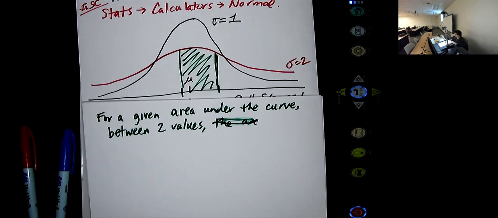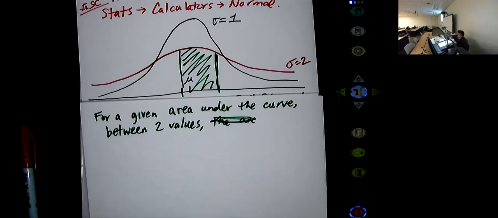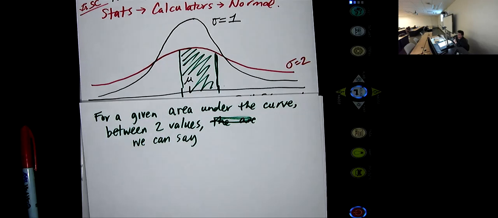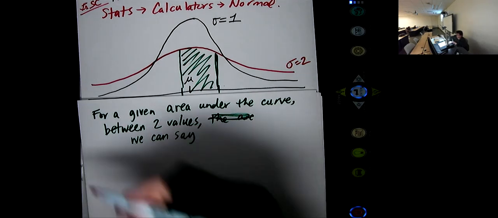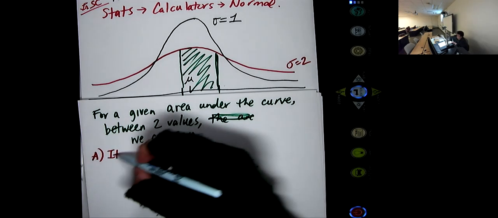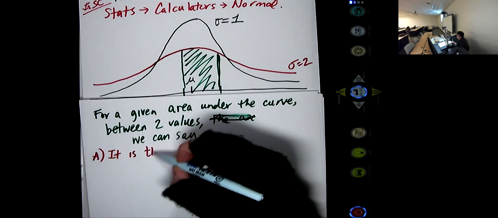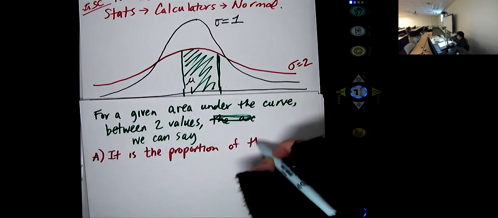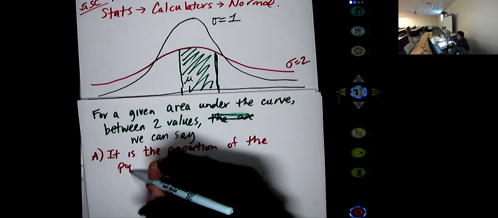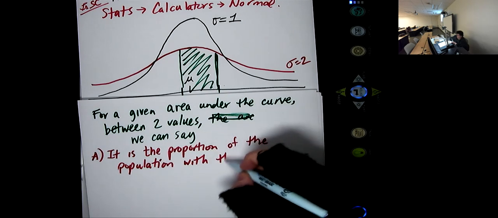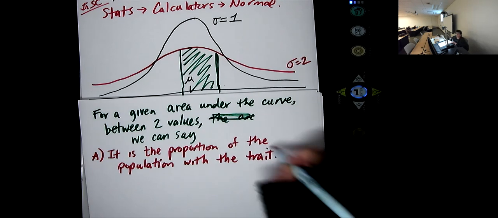For a given area under the curve between 2 values, we can say 2 different things. We can say A, it is the proportion of the population with the trait, whatever we happen to be talking about.